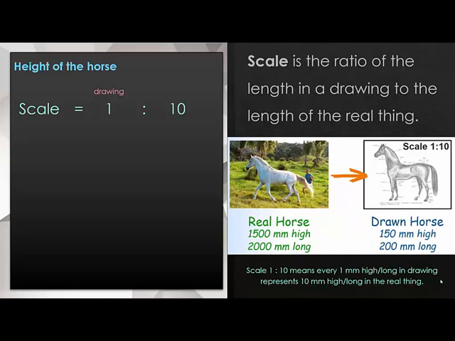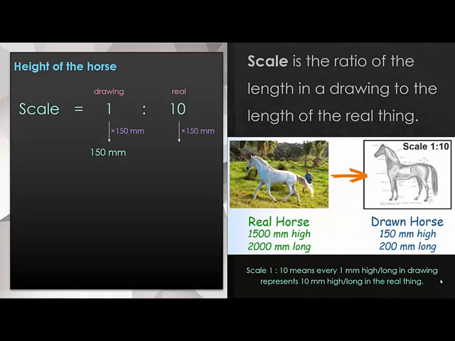So if in the drawing the height of the horse is 150 millimeters, it means 1 times 150 millimeters. So if you multiply 1 by 150 millimeters, you must multiply 10 also by 150 millimeters.